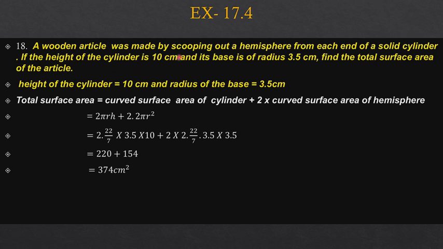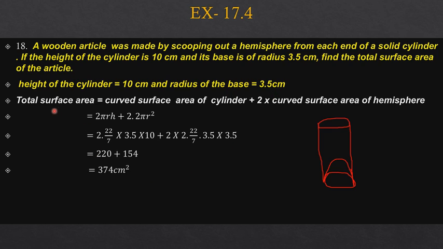A wooden article was made by scooping out hemisphere from each end of a solid cylinder. If the height of the cylinder is 10 cm and its base is of radius 3.5, find the total surface area of the article. So you have a cylinder and on both the ends you have hemispheres which are within the cylinder. Now height of the cylinder we know is 10 cm and radius is 3.5.